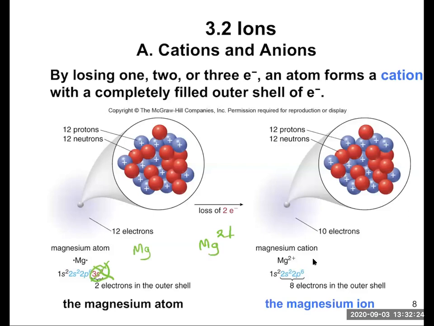Instead of having 12 electrons, now this one has 10 electrons, and it's called a magnesium ion. This without a charge is called a magnesium atom. Magnesium ion means it has a charge. It's carrying a charge.